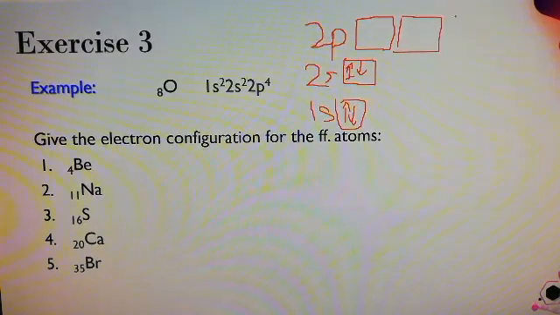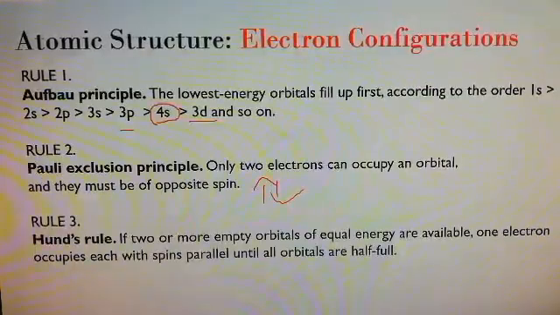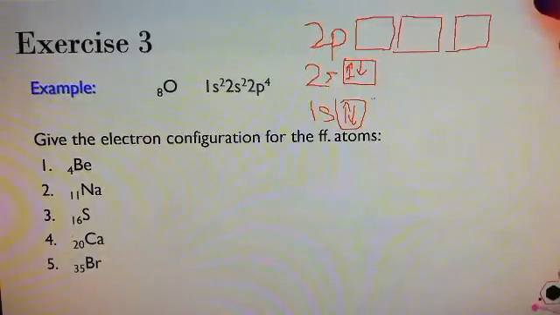orbitals ang p. And each should have, sabi doon, ano nga yung sabi doon sa rule number 3? If 2 or more empty orbitals of equal energy are available, 1 electron occupies each with spins parallel until all orbitals are half full. So, we already had 4 electrons. 1, 2, 3, 4. So, 4 na lang.